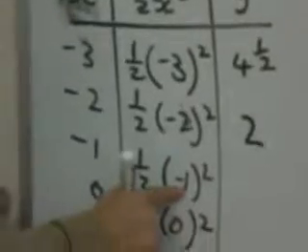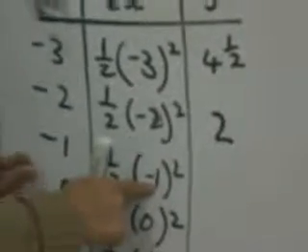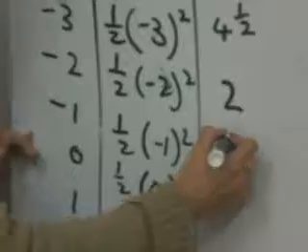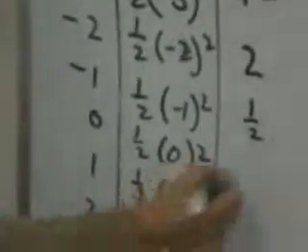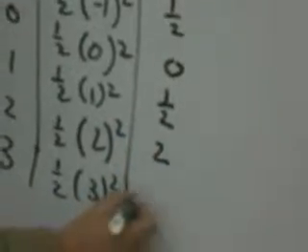Minus 1 squared is 1 times a half, so we get a half. And 0 is of course going to be 0. If we work through the rest, we'll see that the pattern gets repeated, and we get the same values, 4 and a half, and so on. I'll put the lines in so you can clearly see which one goes with which.